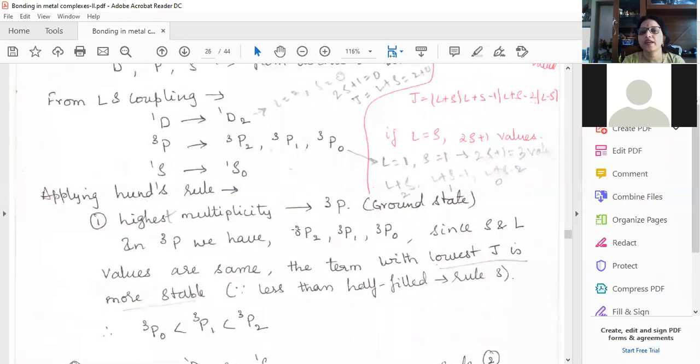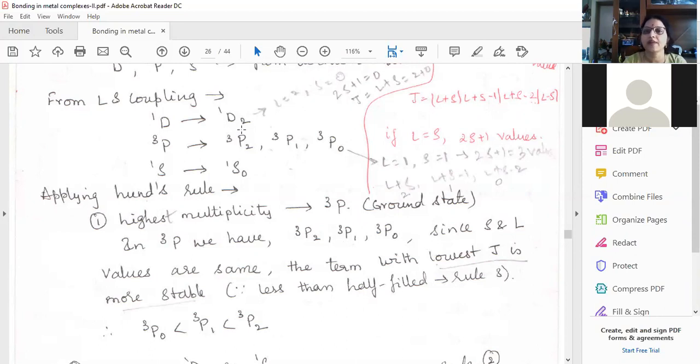Here S values are the same, L values are the same, all are triplets, all have the P symbol. So what should I consider? I should consider the J values when arranging the energy levels. The first rule is that the highest S will come first. Now suppose both S and L are the same, I should check the J value. Because I am talking about the P2 configuration, is this less than half filled?